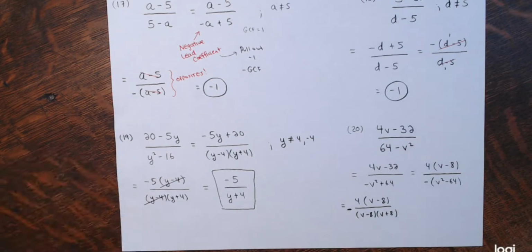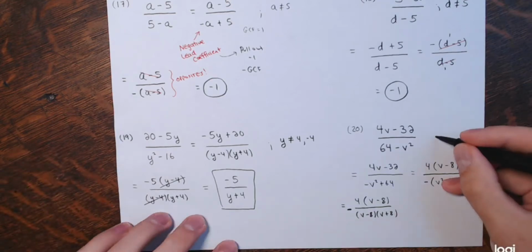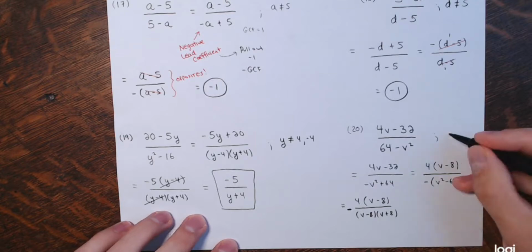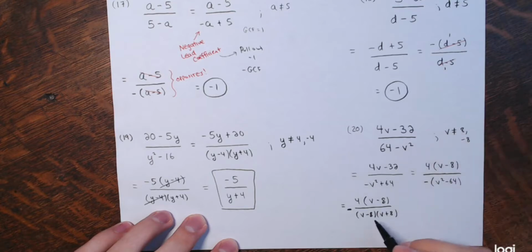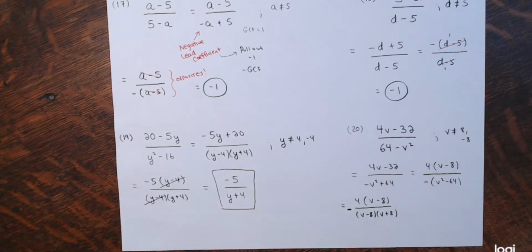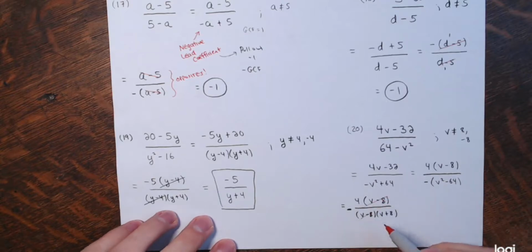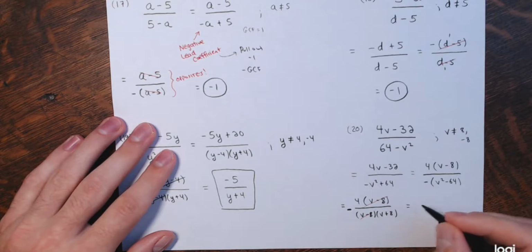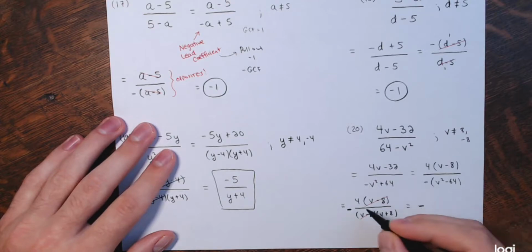And then as with all the other examples, before I cancel any common factors with variables, I'm going to note what those variables cannot be. And I'm seeing that v can't be 8 or -8, because that would make me divide by 0. Canceling the common factors of v minus 8 here, what I'm left with is negative, or the opposite of 4 in the numerator.